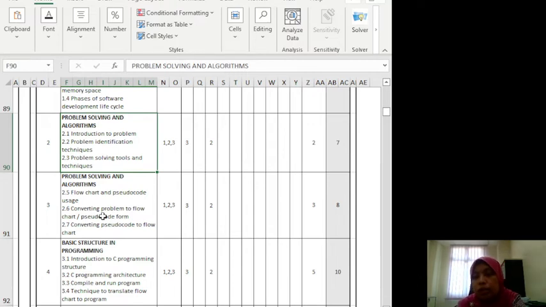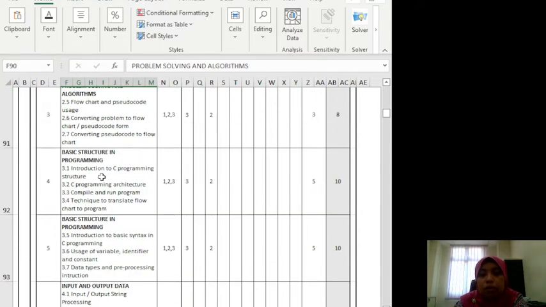Maksudnya kita boleh tulis pseudocode and convert it into the flowchart, and from that flowchart you convert it back into the pseudocode. Ini kita akan cover selama 2 weeks. Alright, and then chapter 4, basic structure in programming. Then you need to jump into the C programming structure.